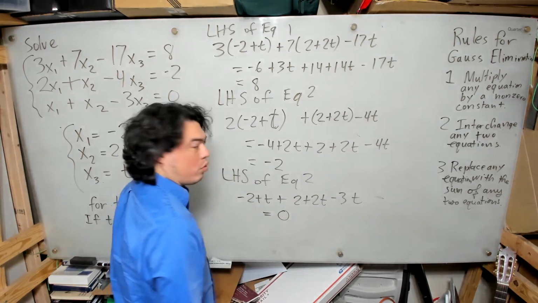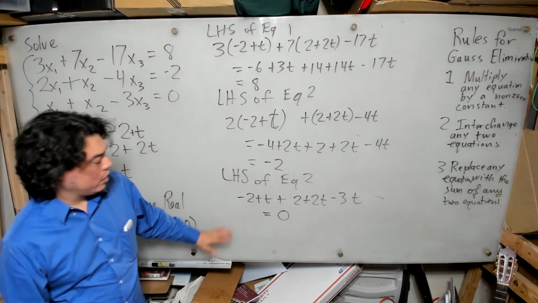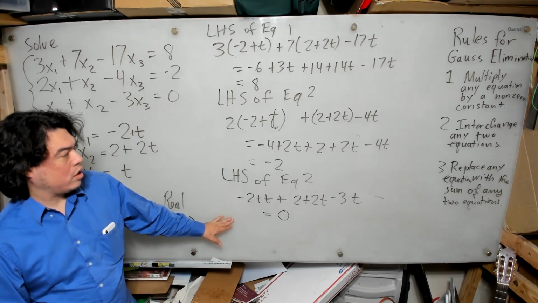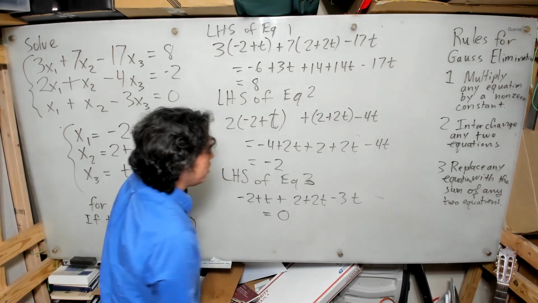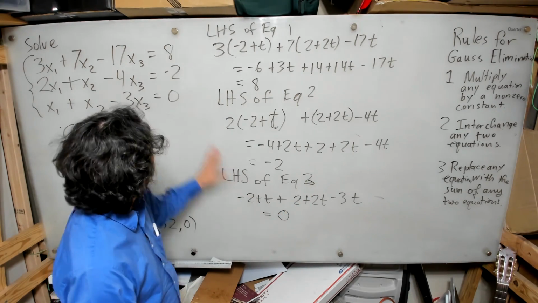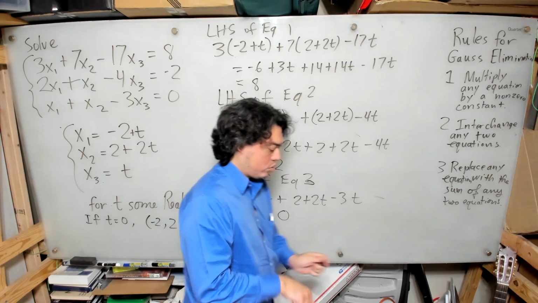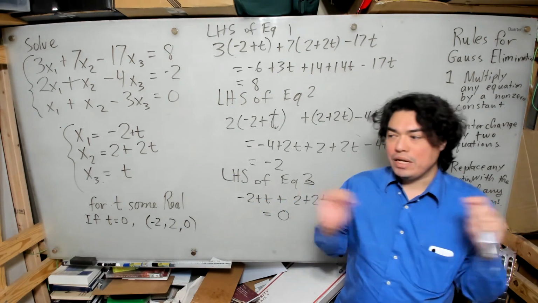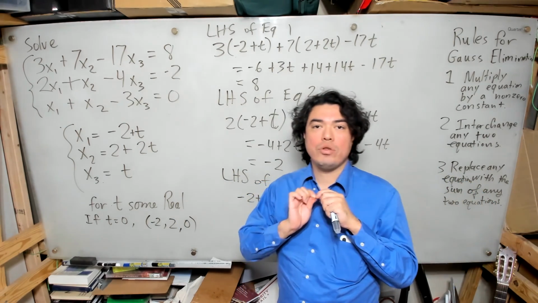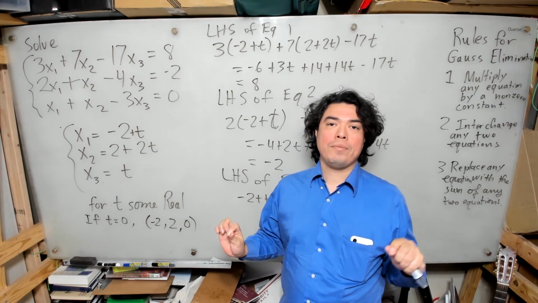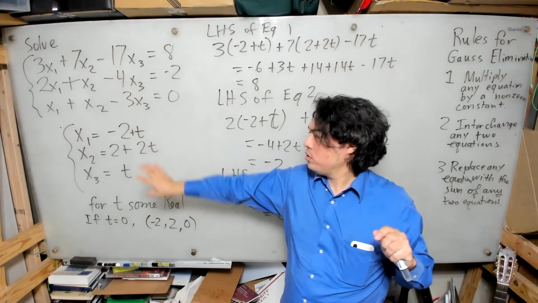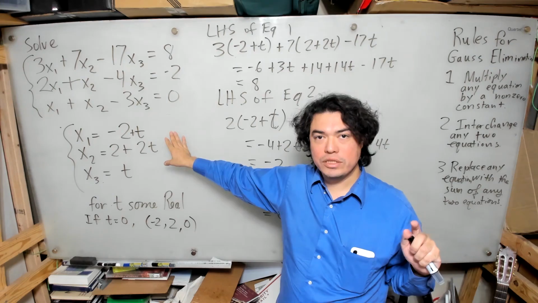We have just shown that in general, this is the left-hand side of equation 3, the general solution also satisfies the third equation. So to put a complete pin on it, we have just shown that for any value of t whatsoever, this general solution will solve the system.